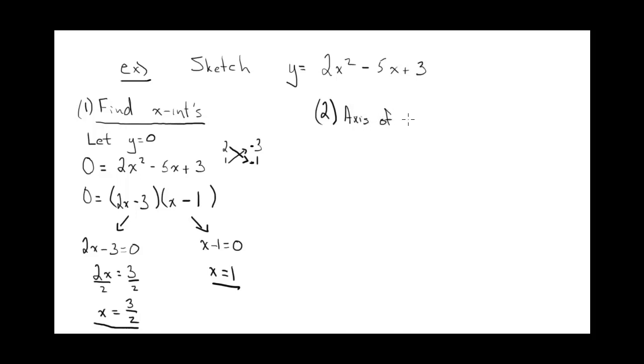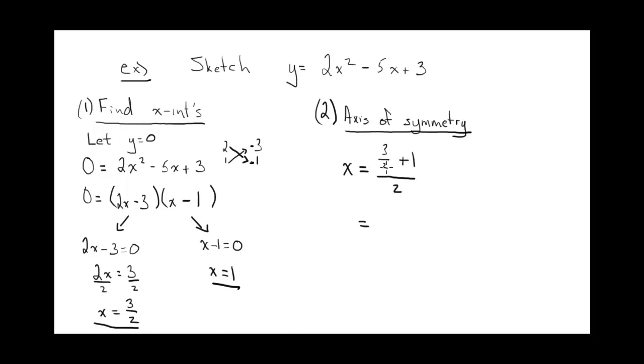The second step would be to find the axis of symmetry. So that's just the midpoint of your two X-intercepts. That'll be where your vertex occurs. So all you're going to do is your axis of symmetry equals, add the two X-intercepts and divide them by 2.